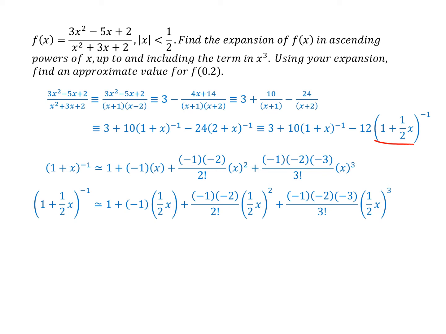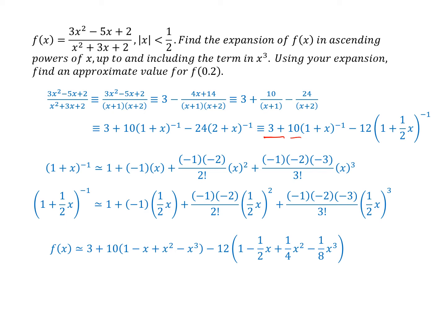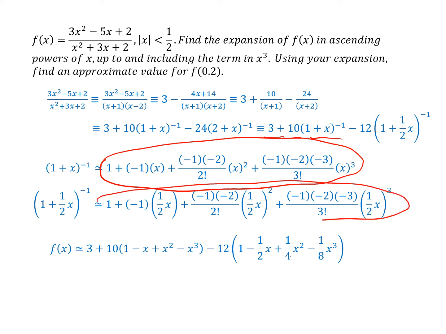So we can now put that all together. So f of x is now 3 plus 10 times all of this, minus 12 times all of that. And here you can see I've simplified the expressions here.